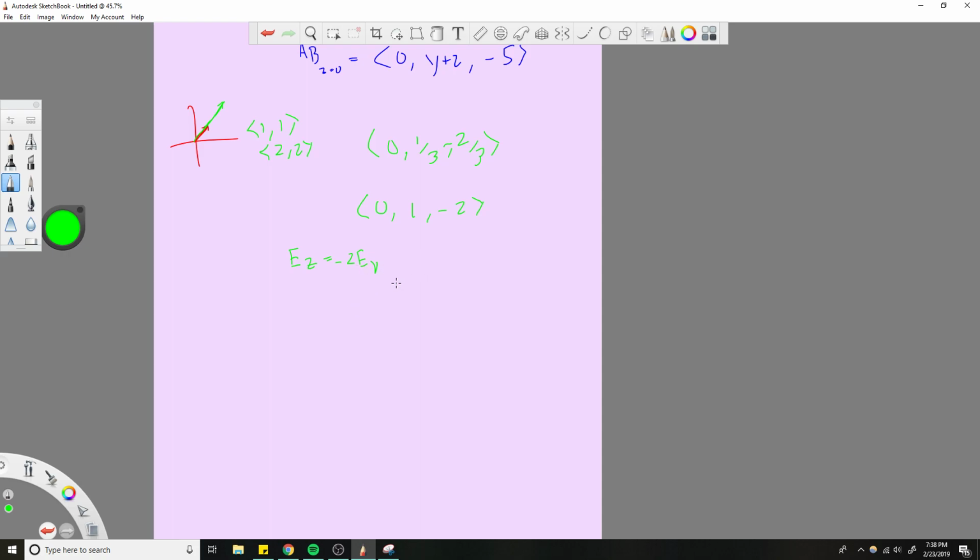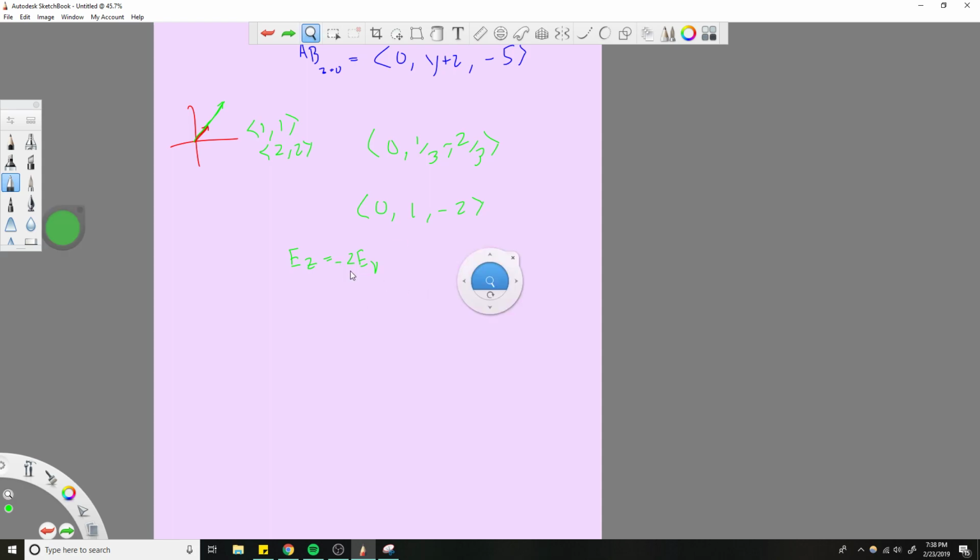Or you could say the y component is equal to the z component over -2. So that's the relationship between those two components of the electric field.